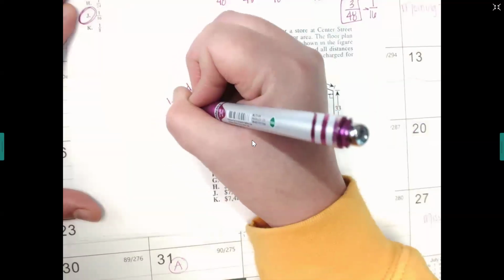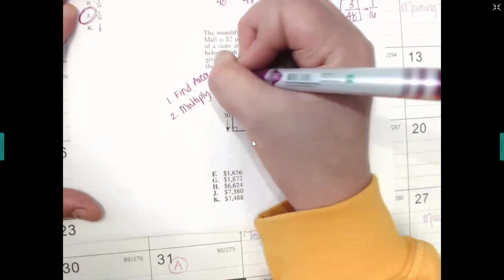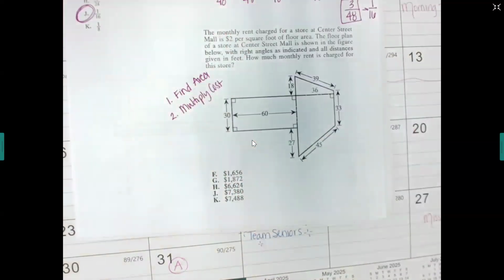And then you're going to have to multiply by the cost. So let's say that this comes out to 100 square feet. Then if I have to pay $2 for every square foot, I would pay $200. So you're going to calculate the area, multiply by the cost, which it says is 2.